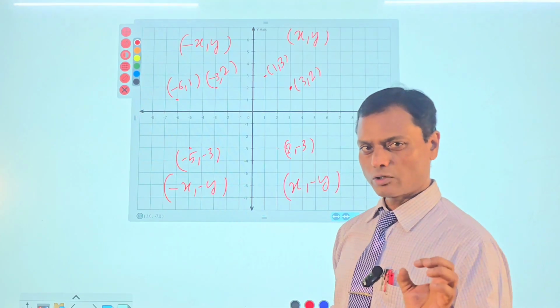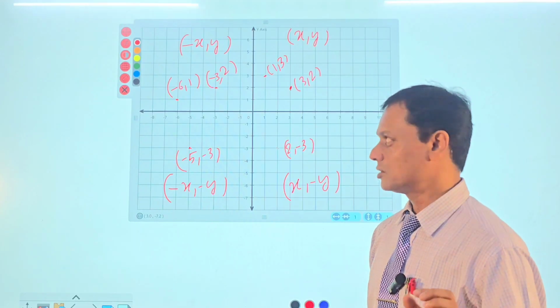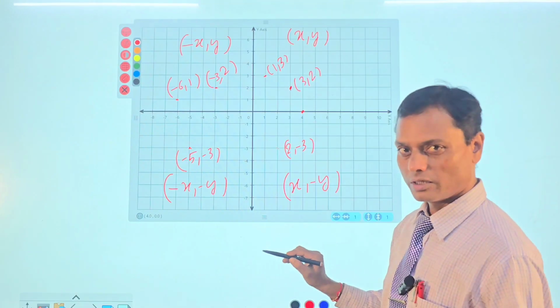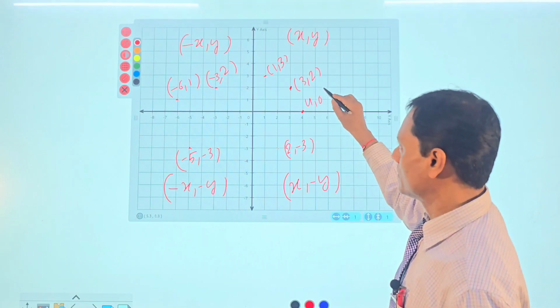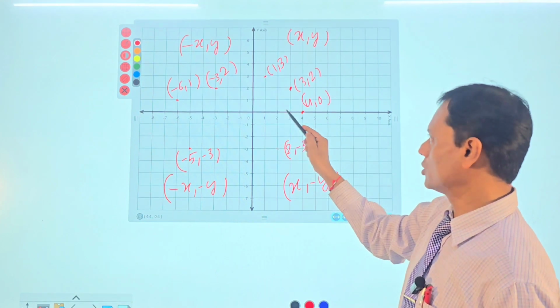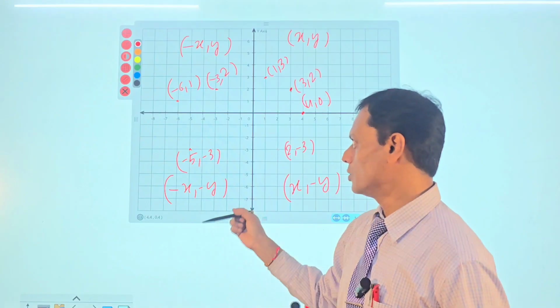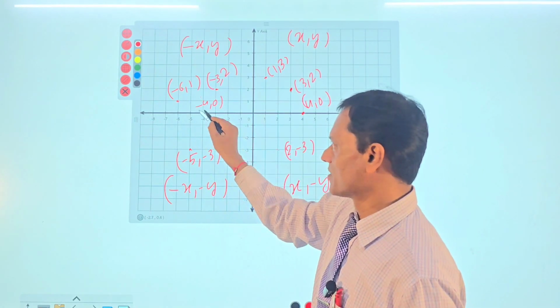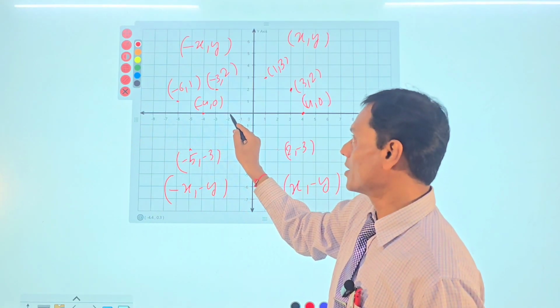But one thing I would like to tell you: if there is a point on the x-axis or on the y-axis, what happens? If you have a point on the x-axis, then the coordinates of that point will be 4 comma 0, 2 comma 0, 7 comma 0, 8 comma 0, right? But on the negative side we have minus 4 comma 0, minus 7 comma 0, minus 2 comma 0.